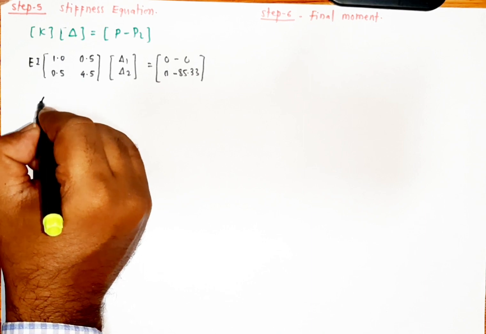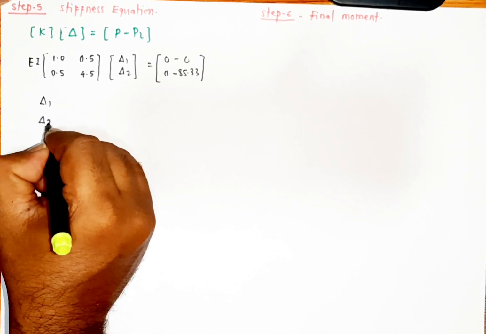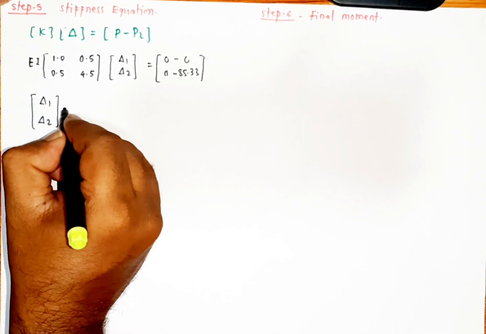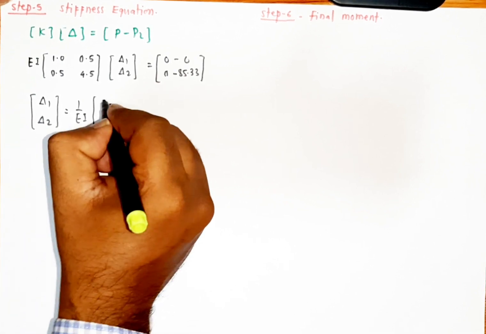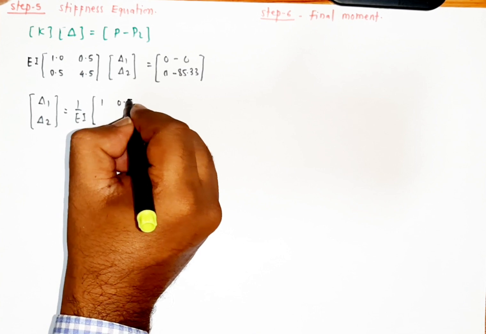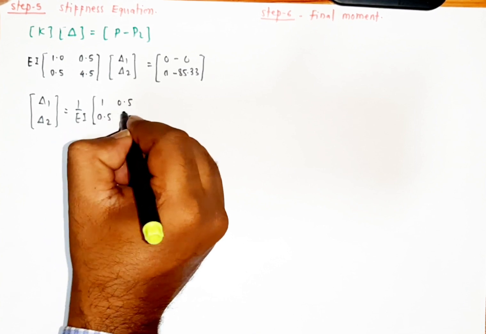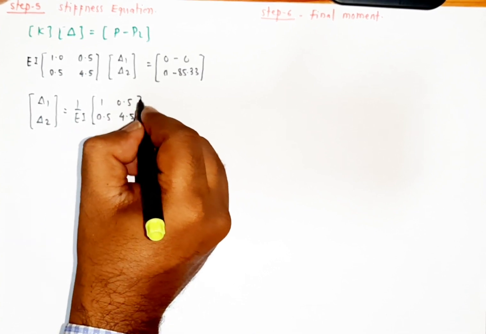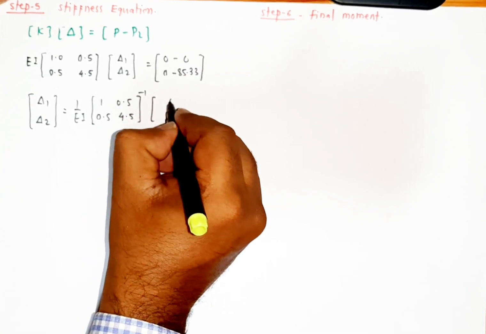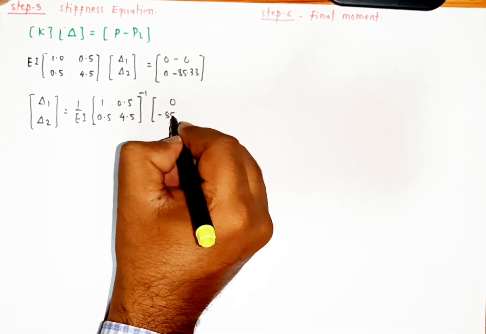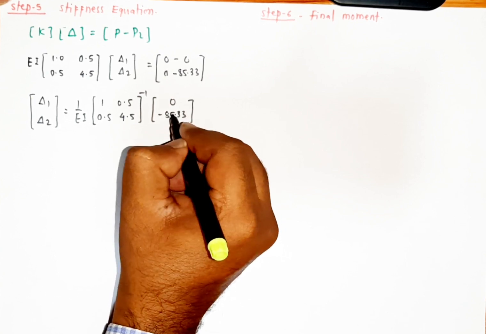For that, let us find delta 1, delta 2 is equal to 1 upon EI into the inverse of 1, 0.5, then 0.5 and 4.5, inverse into 0 minus 85.33.